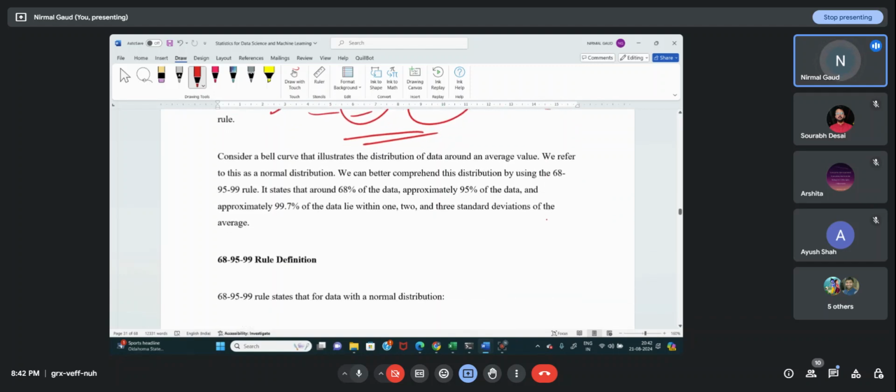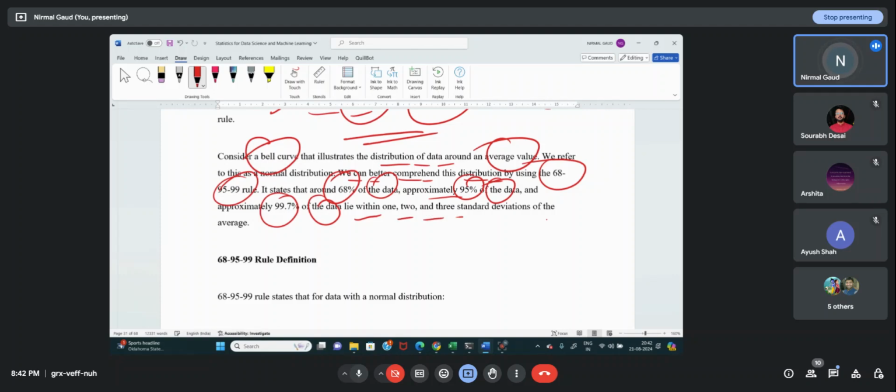So if we consider it as a bell curve, the distribution is around the average, the mean. Okay, we can better comprehend this distribution by this rule. It states that approximately 68% of the data, approximately 95% of the data, and approximately 99.7% of the data lie within 1, 2, and 3 standard deviations. What does this mean?